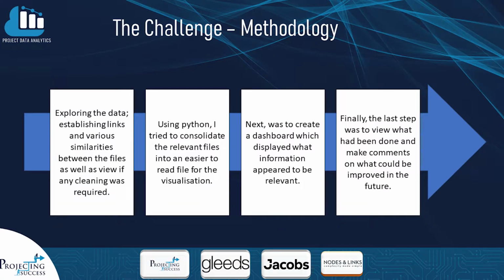As I mentioned, the first step was looking at the data and establishing links, viewing similarities, and seeing if any cleaning was required. The next step I took was using Python code to consolidate all that information into 4 separate files, and the next step was creating the dashboard, and finally any comments on the future.